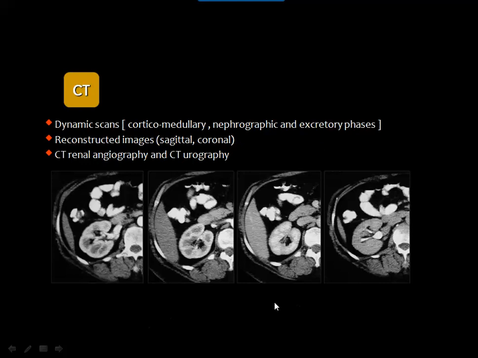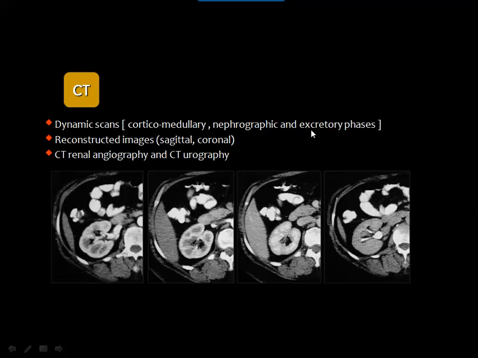And then you inject contrast media, then you get what is known as the corticomedullary phase, showing the cortex differentiated from the medulla. Then you get to the nephrographic phase, where the medulla and the cortex are not differentiated because they are stained by the excreted contrast.